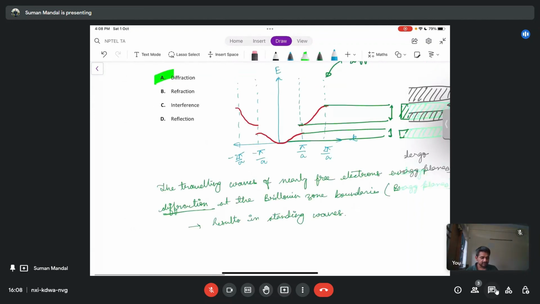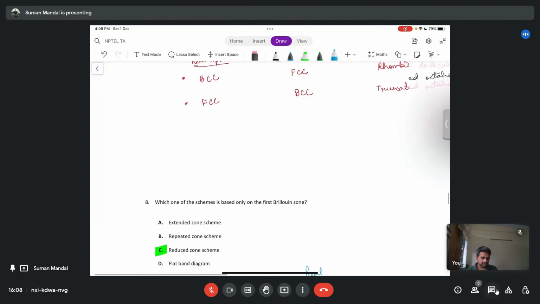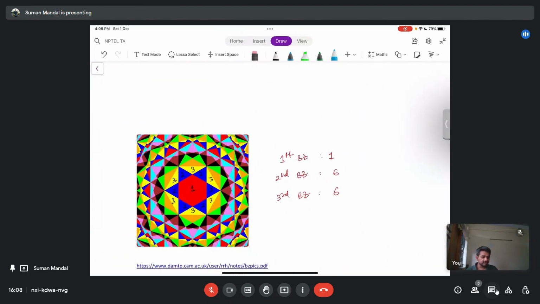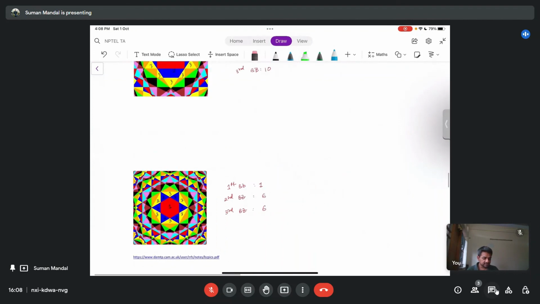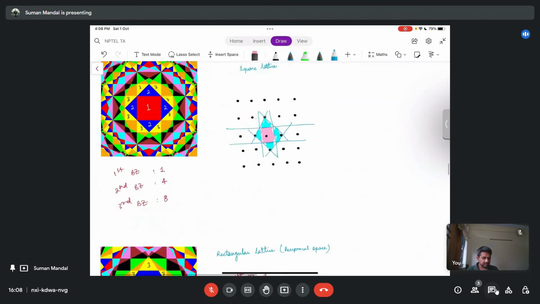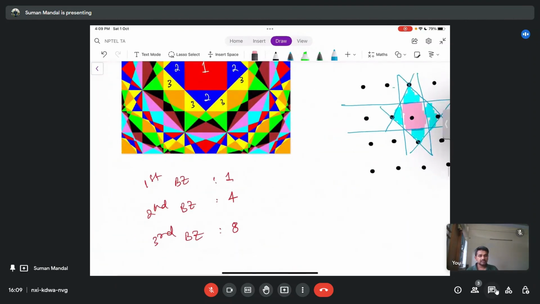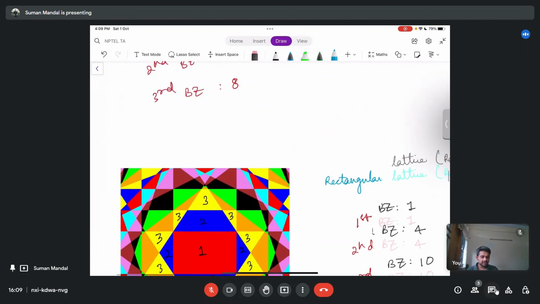We have discussed this question in detail here. We see that the first Brillouin zone, irrespective of whether it is hexagonal, rectangular, or square, is not fragmented, whereas the higher order Brillouin zones are always fragmented.